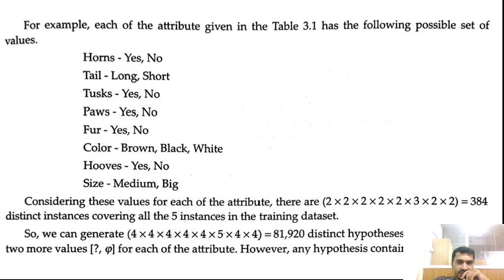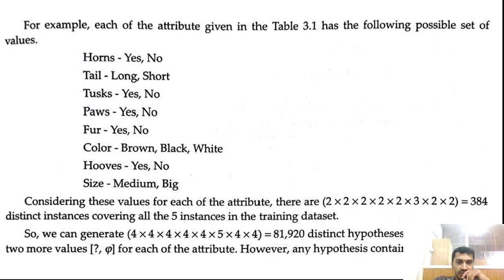Distinct instances means 384 possible animals I can classify, elephant or not elephant, or the possible animals that exist based on the combination of these attributes.